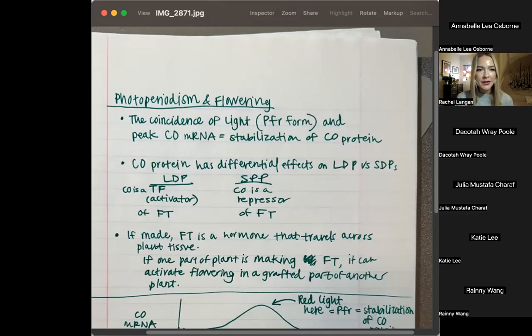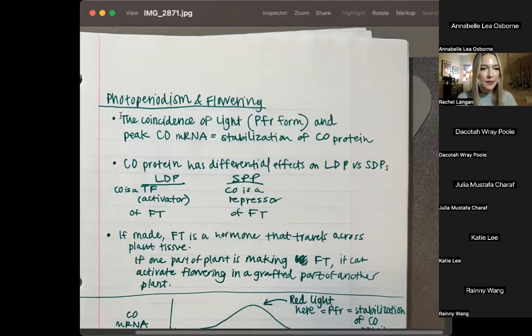So photoperiodism and flowering, there's three facts you need to know, and then you'll get any question correct. What are those three points? Number one, the coincidence of light, specifically red light that triggers the PFR form, and a peak of CO mRNA.